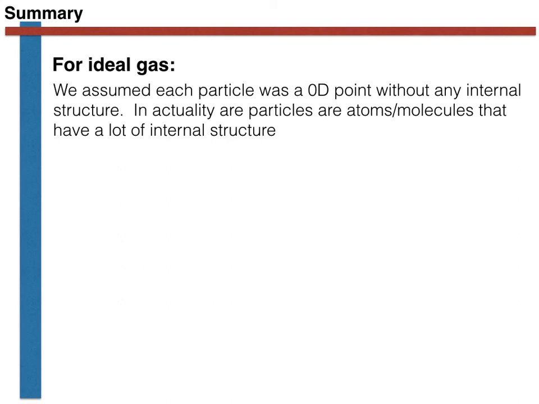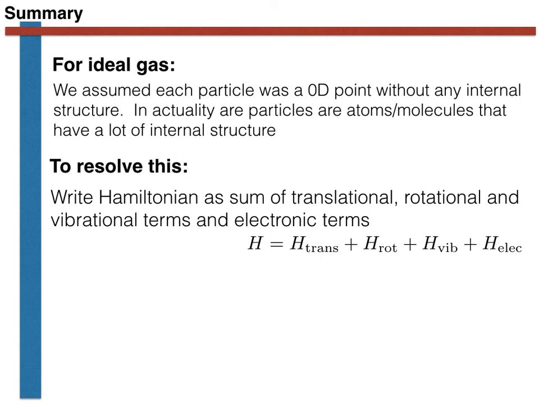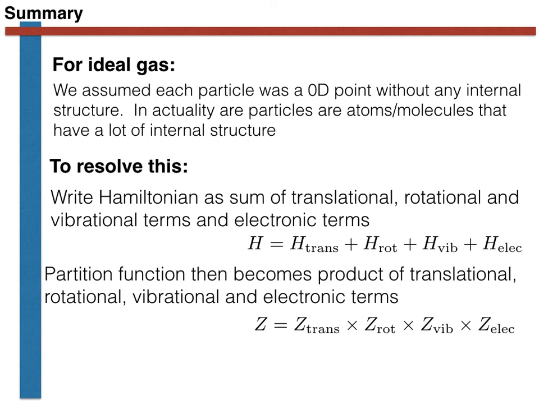We have seen that the first step in doing so involves writing the Hamiltonian for the molecules that make up the gas as a sum of translational, rotational, vibrational, and electronic components. When we write the Hamiltonian in this way, we find that the partition function for the gas becomes a product of translational, rotational, vibrational, and electronic parts.